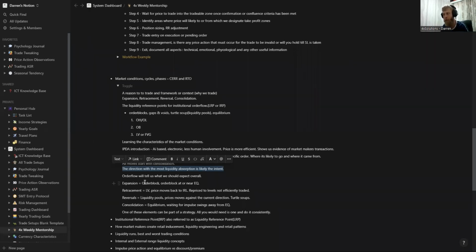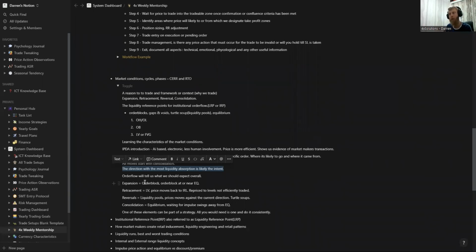And generally the market moves towards where liquidity would likely be. And that's not 1 minute liquidity or 5 minute liquidity. It's higher time frame. Yes, sure, it will raid equal highs, equal lows, swing highs, swing lows on all time frames, but the higher time frame is likely where the most liquidity will be.